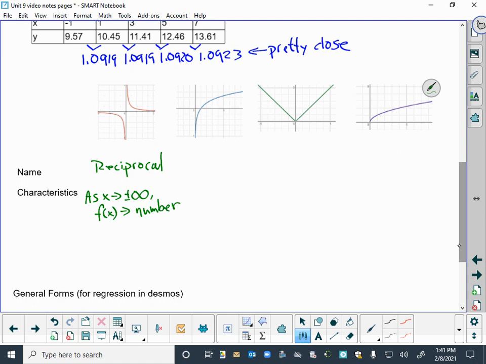That's a horizontal asymptote, and it also has a vertical asymptote. So having both vertical and horizontal asymptotes is characteristic of a reciprocal function.